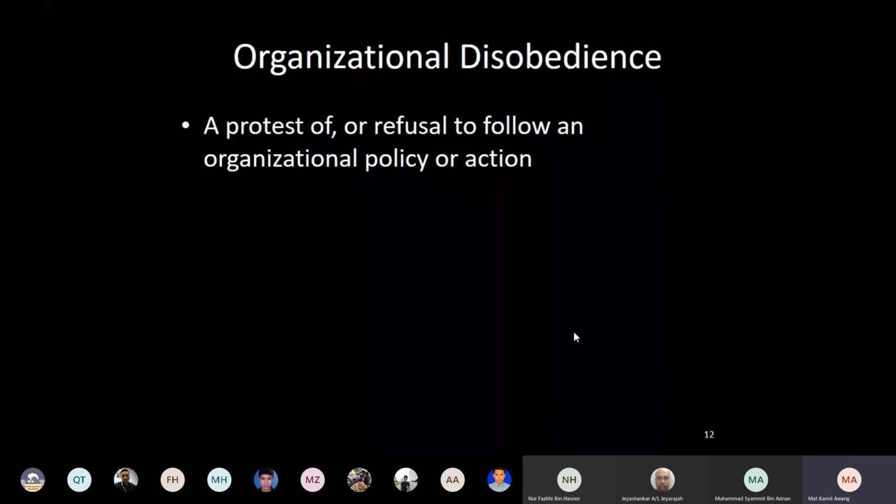In the military, can you do that? No, right? You will be discharged from your service. You will be taken to court-martial, right? There is no such thing as organizational disobedience. You must obey. If not, you leave the service.